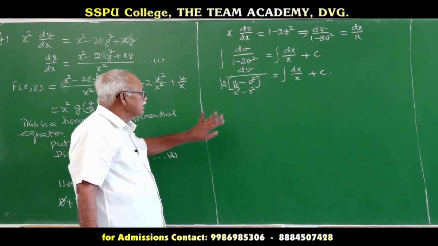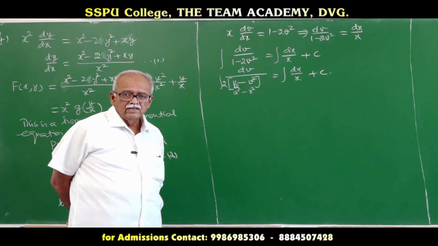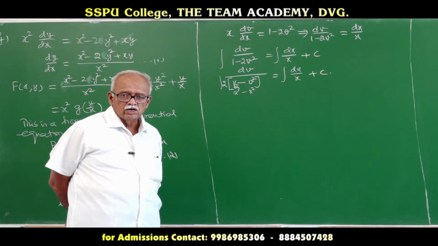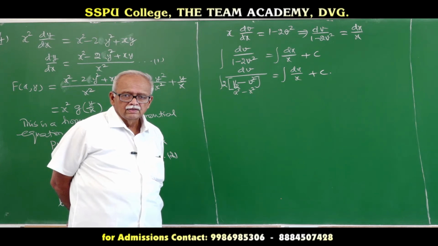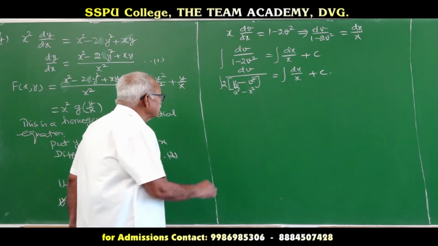Now what is the formula for dx by a square minus x square? 1 by 2a log of a plus x divided by a minus x.